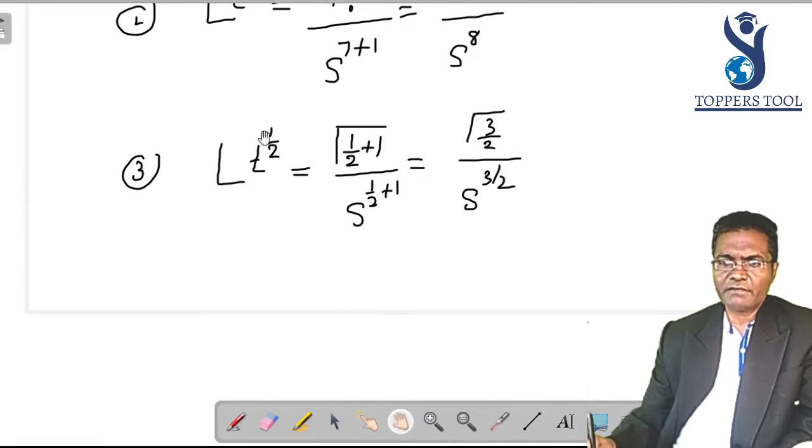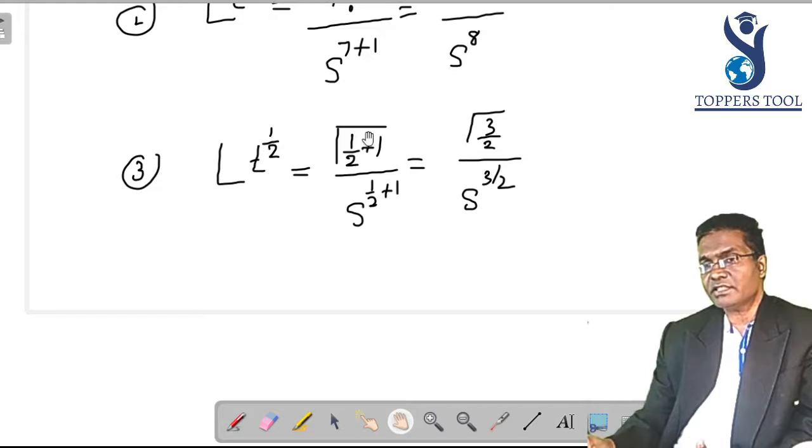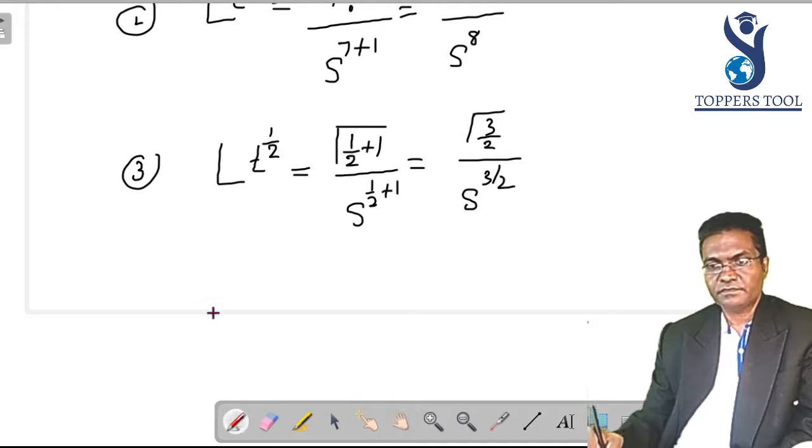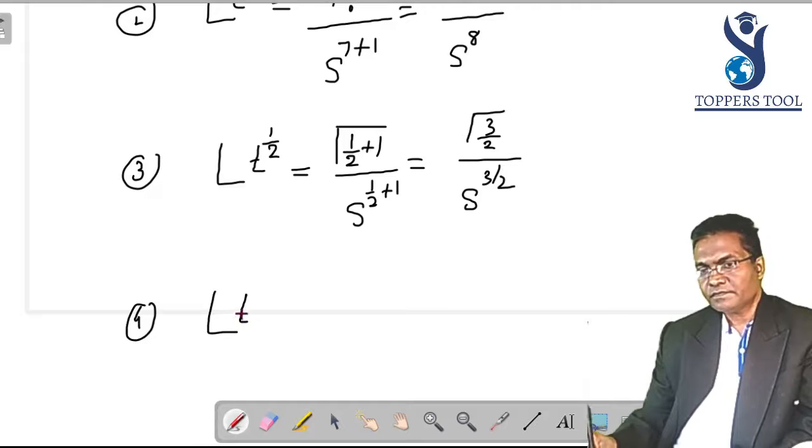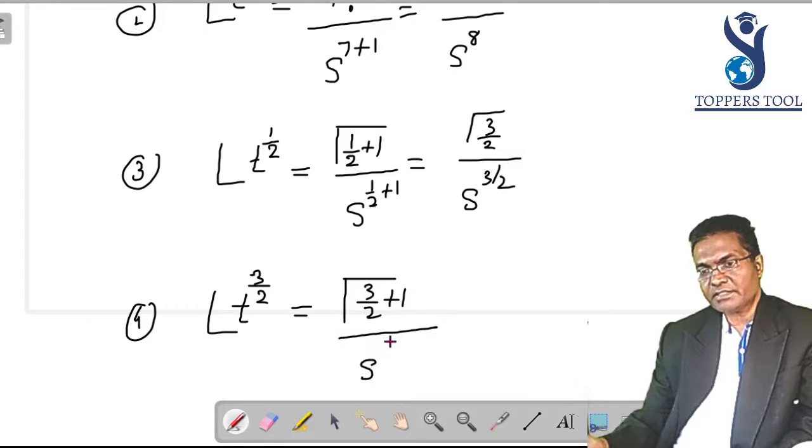So remember that whenever n is not a positive integer, if it is some constant, you have to express it in terms of the gamma function. Similarly, if you have L of t power 3 by 2, then you can write it as gamma of 3 by 2 plus 1 divided by s power 3 by 2 plus 1.